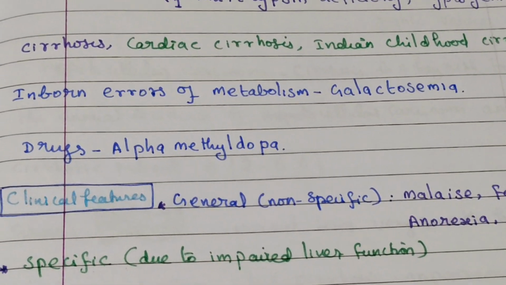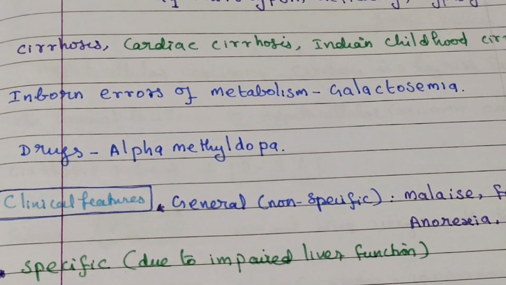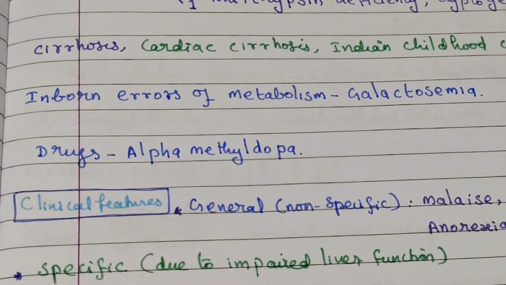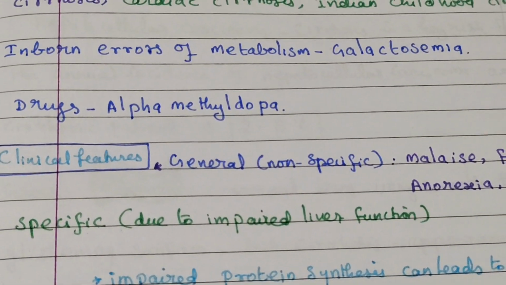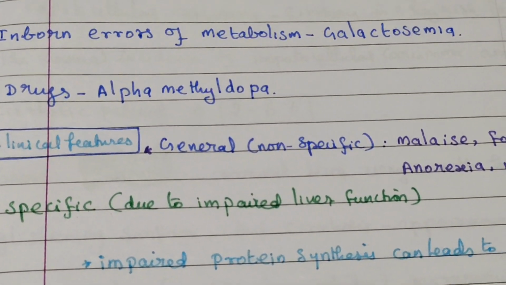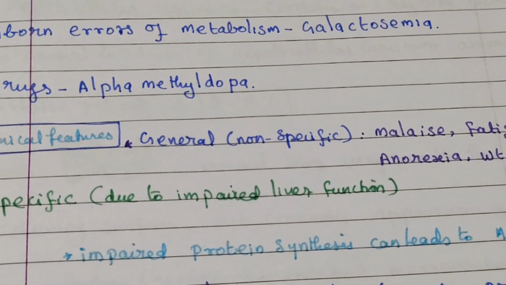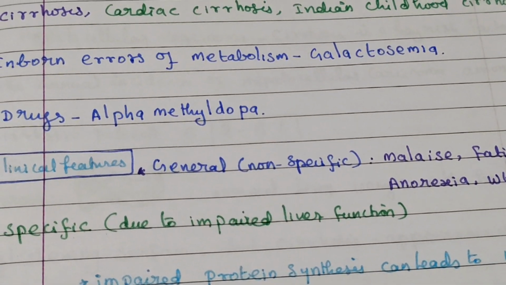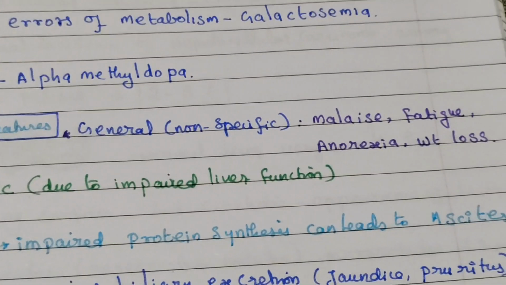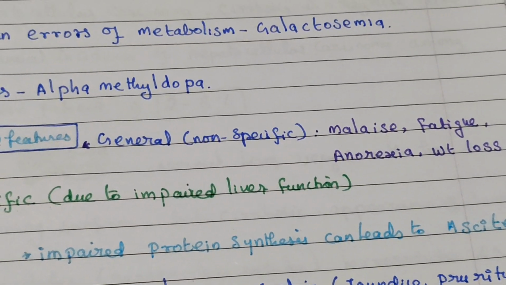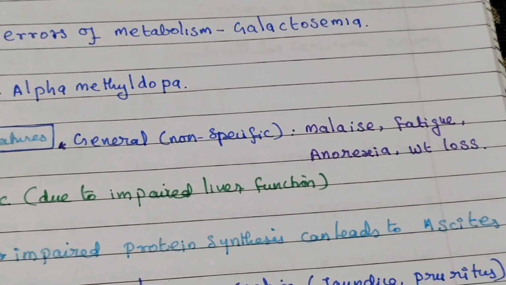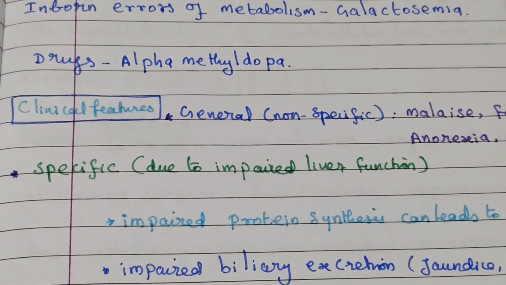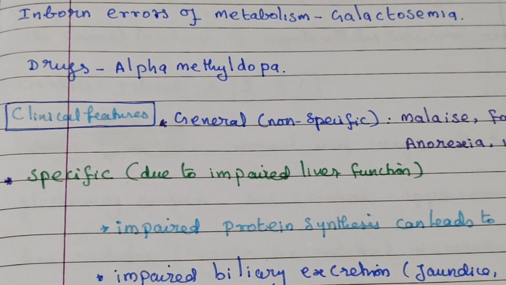Now coming to clinical features, which are mainly based on the pathology. First is the general: the patient will complain in a generalized way, malaise, fatigue, anorexia, weight loss. Specific features are due to loss of liver function.